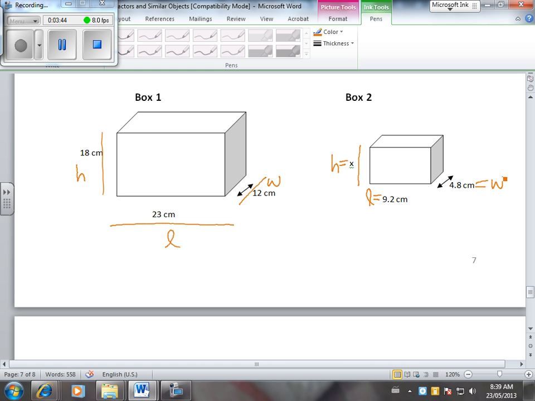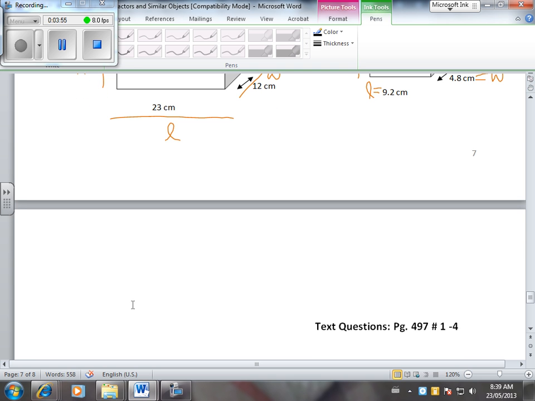So what we have to do is find the ratio, and we can choose either of the dimensions we know. So we know length and width, so we can compare either length or width. And I'm going to compare length, but you can compare width on your own just to see. So we're going to find the ratio that makes them similar.